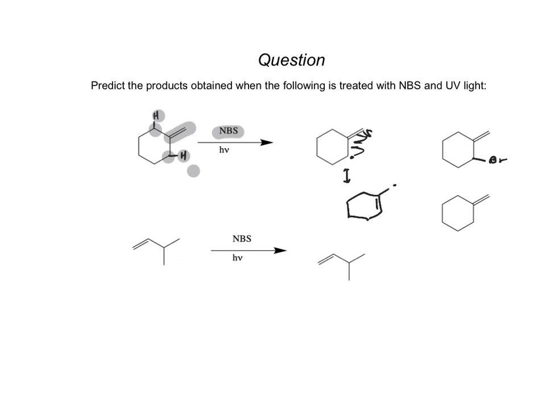If this gets formed, which it will, then instead of this being the product, we are going to get, let me erase this, the production of this. So here, if you wanted the correct answer, you would predict both of these products, right? You would predict the production of this one, but because of resonance, you would also predict the production of this one.